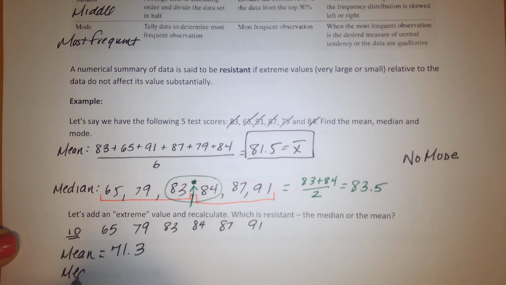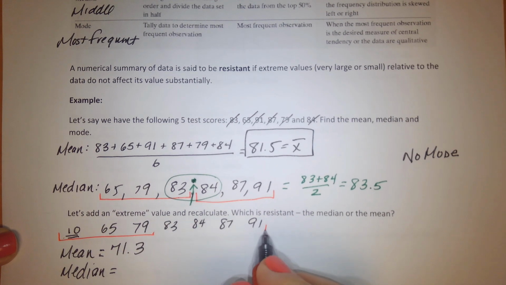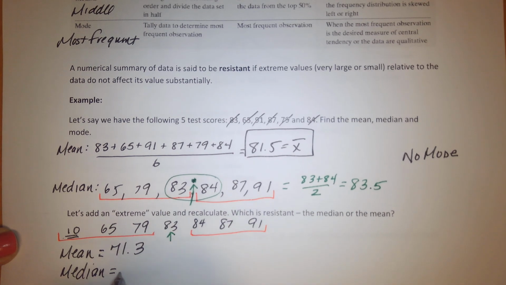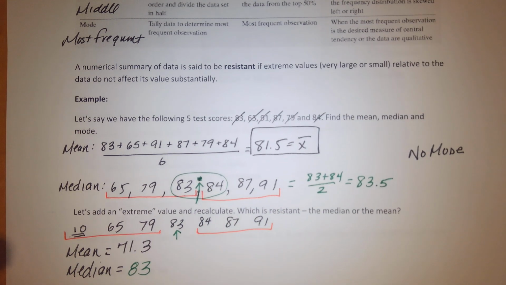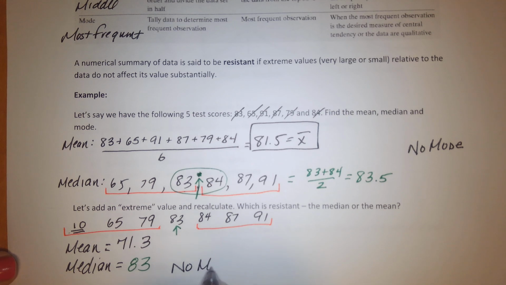The median is found by taking the middle of this data set. Well, this data set has 3 values on this side, 3 values on this side, so the median will be 83. Again, there is no mode. No term happens more than once.